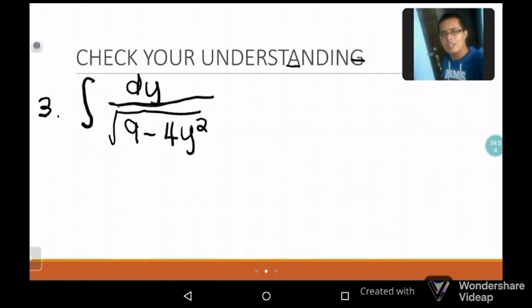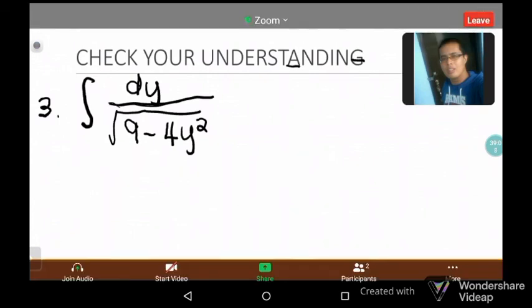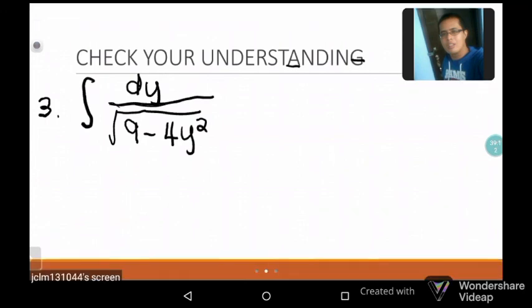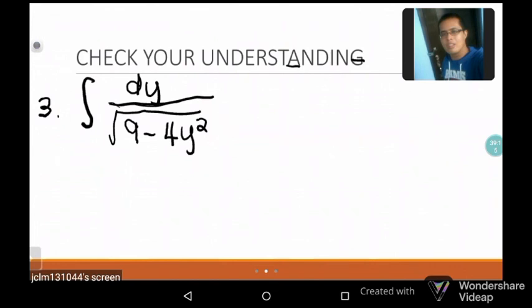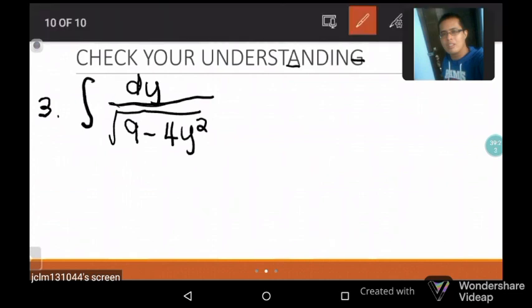Okay, so let's answer. So, let u squared, alam na natin yon, u squared is 4y squared, getting u, which is 2y. Okay, baka mamaya may magtanong, paano nangyari 2y? Get the square root of u squared. This is equal to 4y squared.